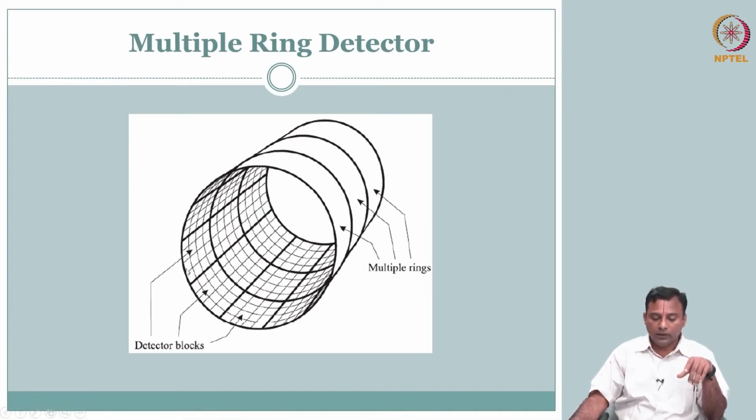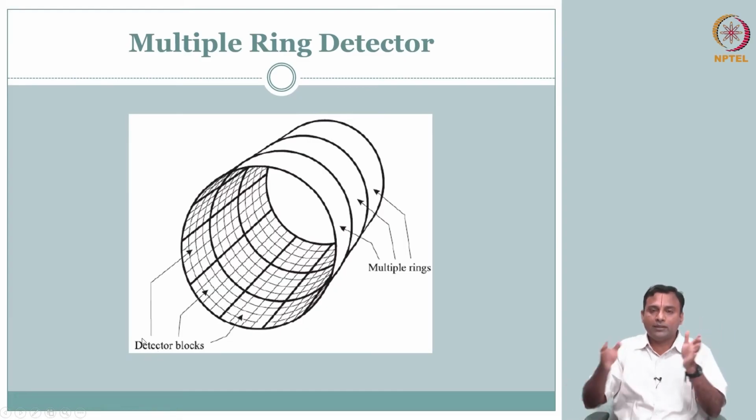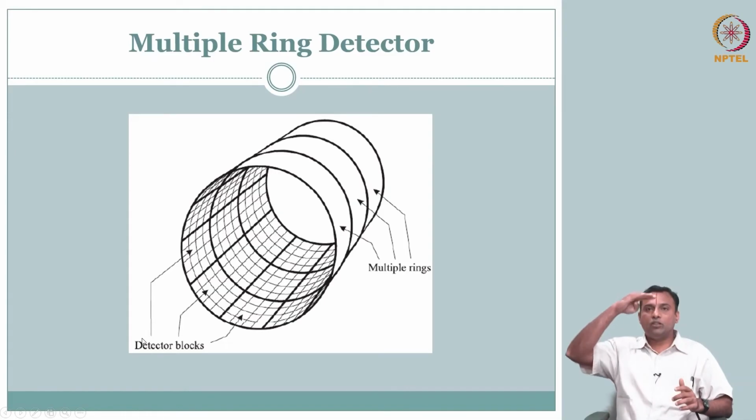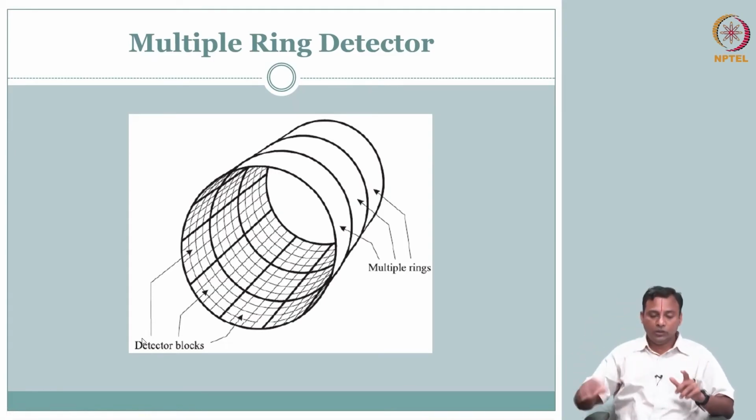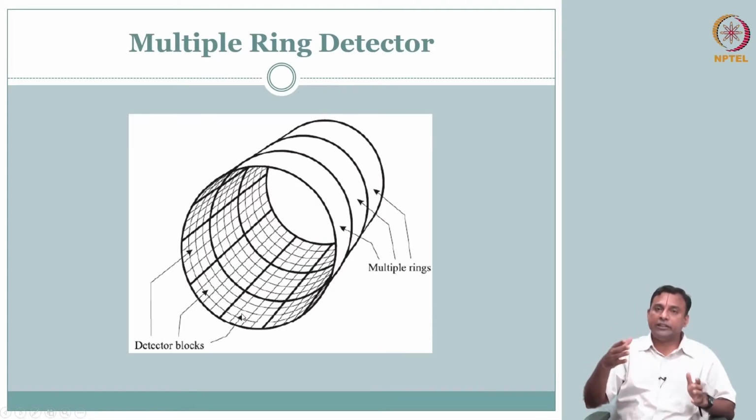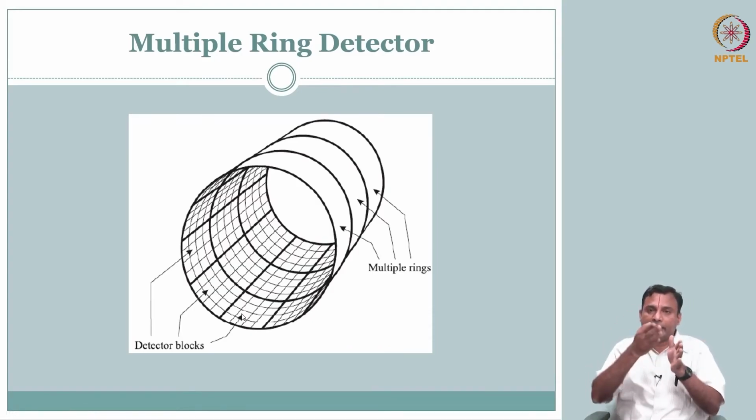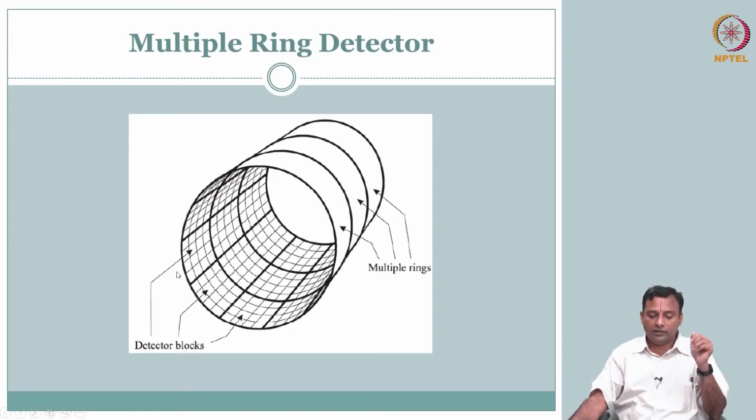And then you notice that in this ring you could visualize several slices. In fact, in one configuration, if you really want only one slice, so that one slice does not affect the next slice, you could actually have something in between that can shield inter detector, along this annular ring.